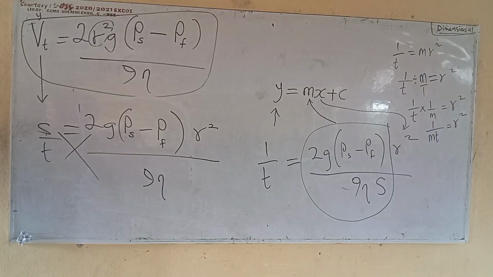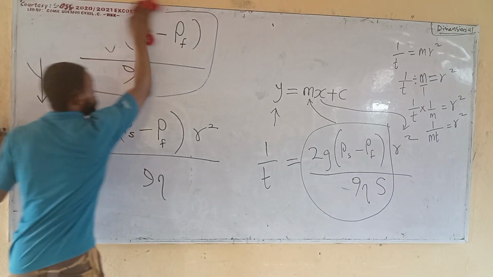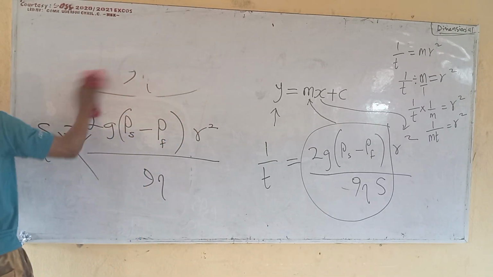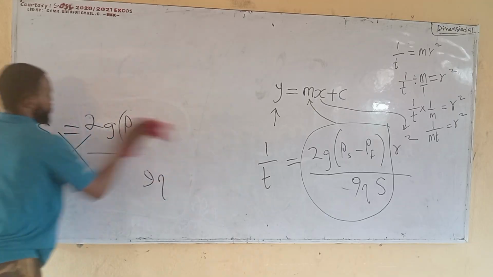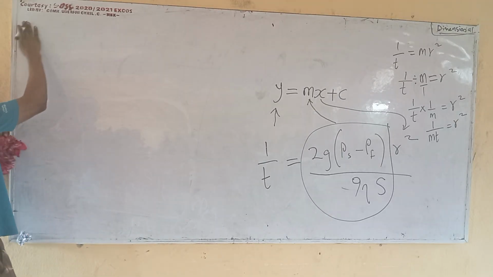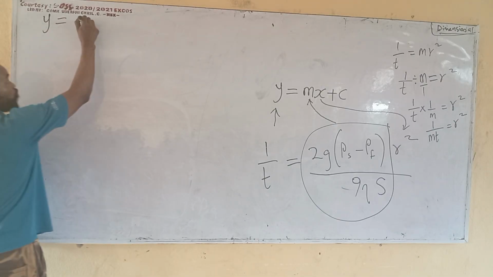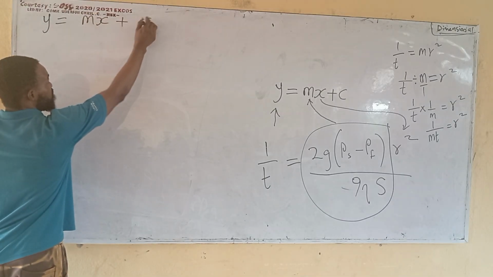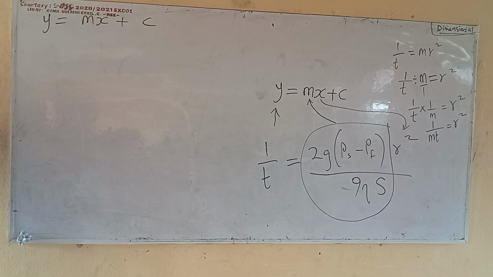Okay. I want to clean this. Since I know that the equation of the straight line is y equals to mx plus c, C for intercept.